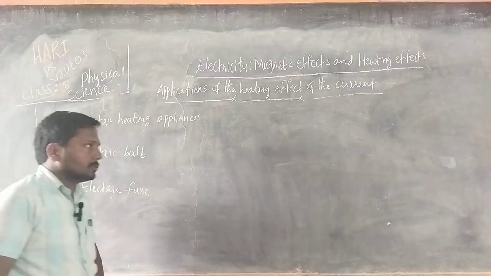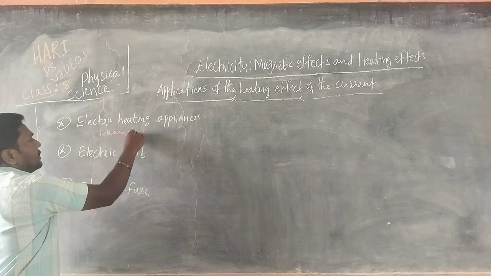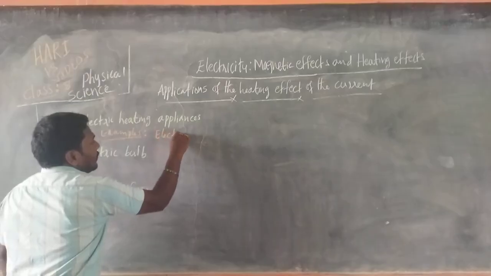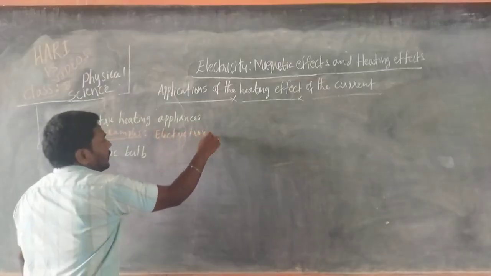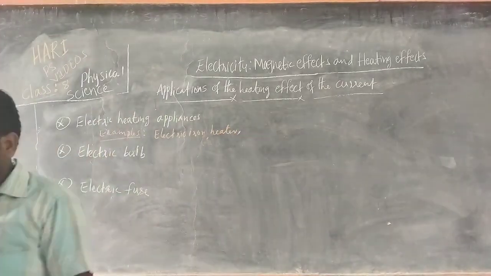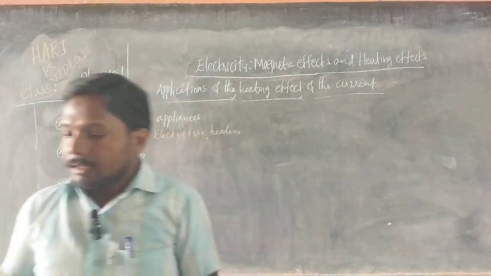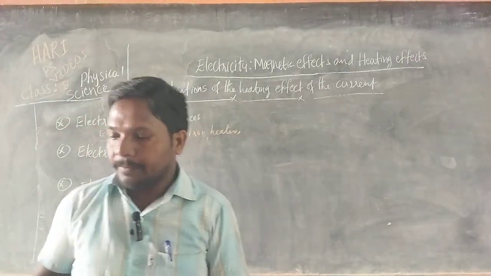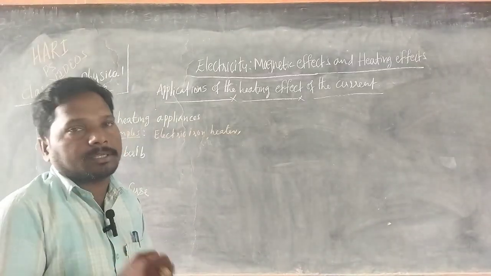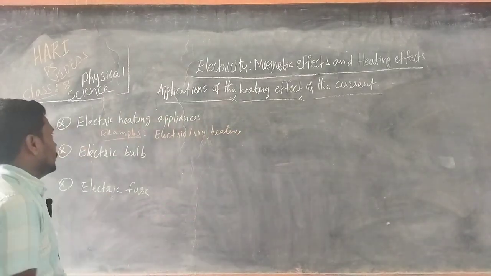Examples for electric heating appliances are electric iron, electric heater, geysers, induction stoves, electric kettle, electric toaster, electric oven, electric room heater, and soldering machine.